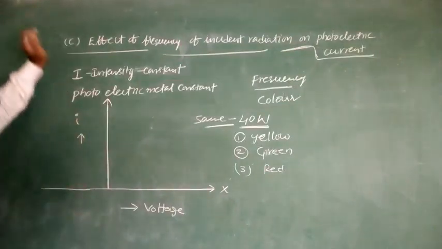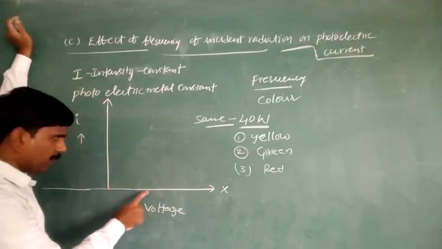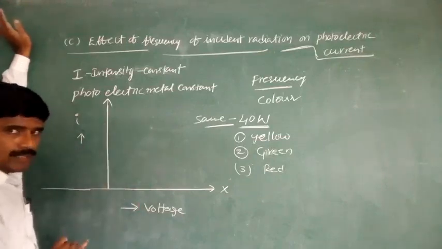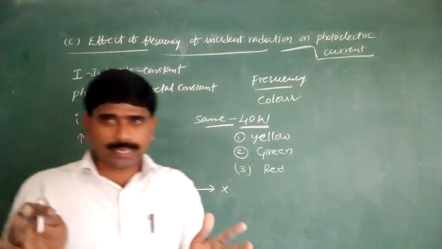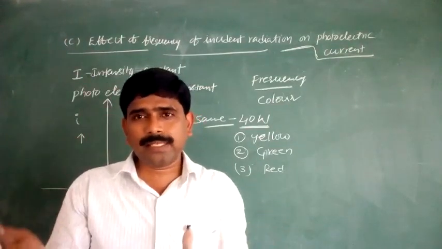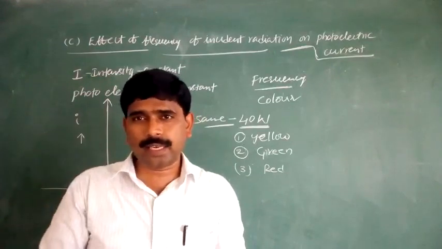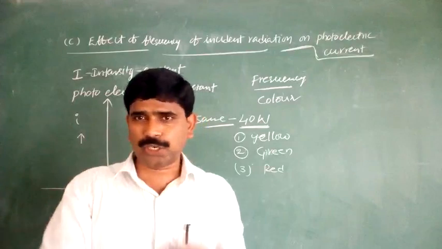With respect to the voltage, the photoelectric current increases, no doubt at all. Why? Because when the positive voltage between the anode and the cathode increases, the photoelectric current increases, and it approaches a constant value that we call the saturation current.